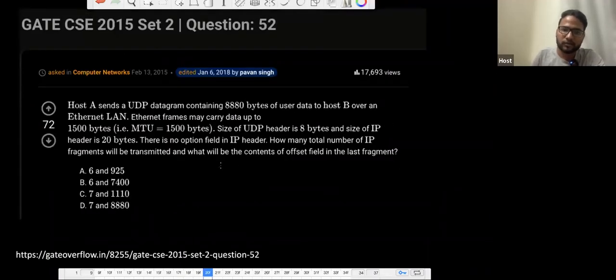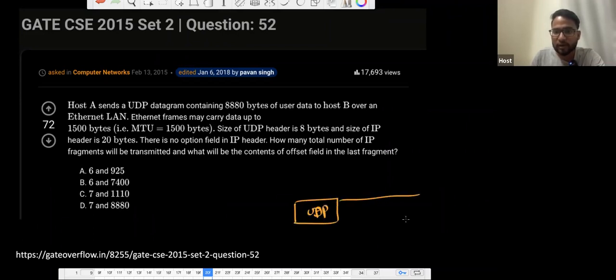Again, this question maybe you can do now. Let's spend 1 or 2 minutes, just try to do it. What they're saying: host A sends a UDP packet of this many bytes of user datagram to host B over the Ethernet line. Ethernet may carry data up to this much. So basically there is a UDP header, and then you have 8880 bytes here.